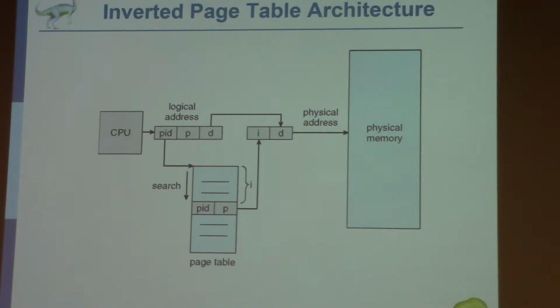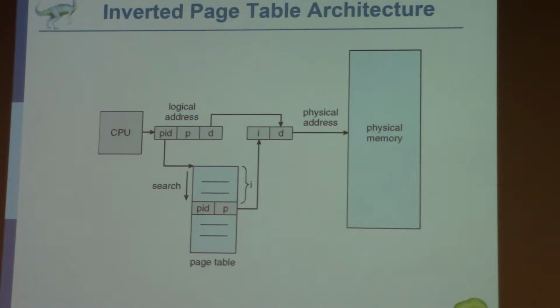What if we organize it differently? Because each process has its own page table, we can organize such a page table by the process ID. So the address format includes the process ID. That process has a number of pages.